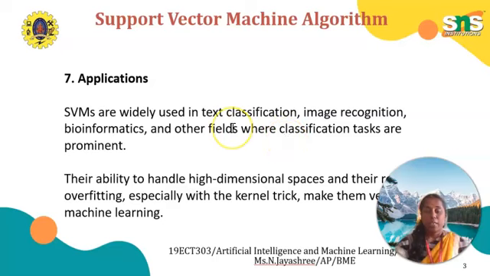Next one is applications. Support vector machines are widely used in text classification, image recognition, bioinformatics and other fields where the classification stakes are prominent.